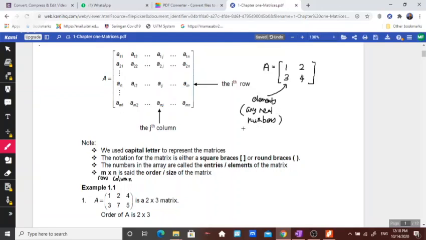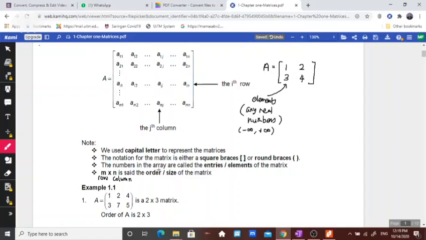That means all the numbers between negative infinity and positive infinity can be filled in as the elements of matrix A. For this example, I use all positive integers: 1, 2, 3, 4.